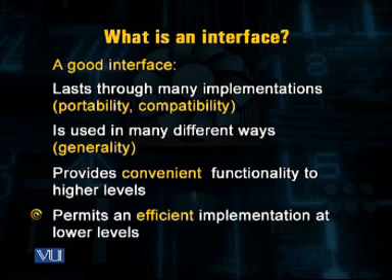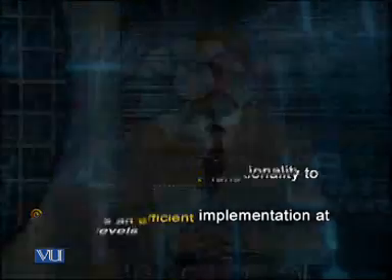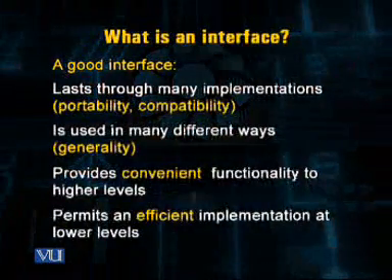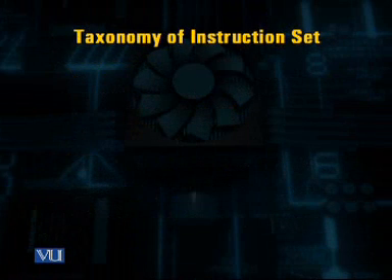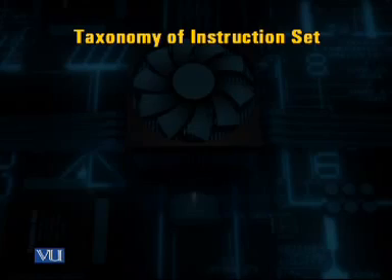So these are the basic considerations which we must have in mind in order to design a good interface. With this introduction about what an interface is and how instruction set architecture acts like an interface, I will now talk about the taxonomy of the instruction set architecture.